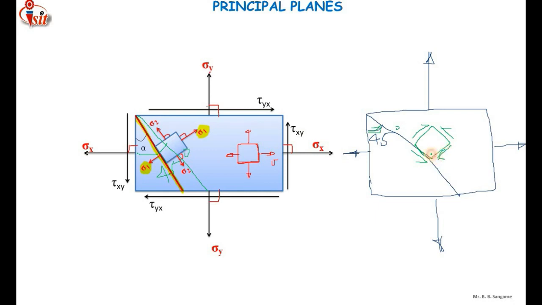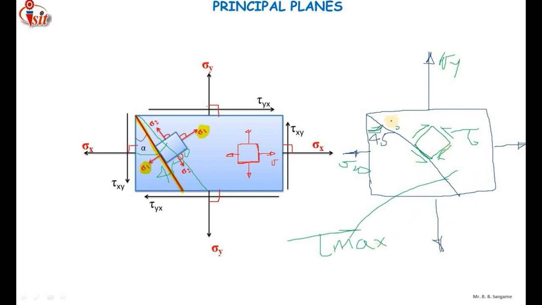For the application of sigma x, sigma y and tau, there is a possibility of failure of the material along this plane, along which the shear stress will be maximum, that is tau max.